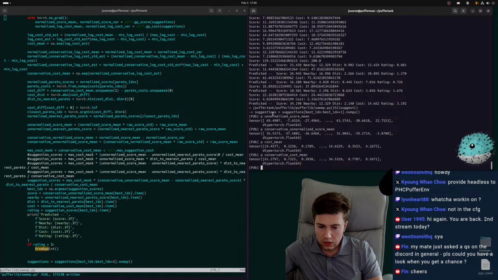So unnormalized core mean says this, and then the cost mean. So this is a horrible prediction. Okay, this is actually better.